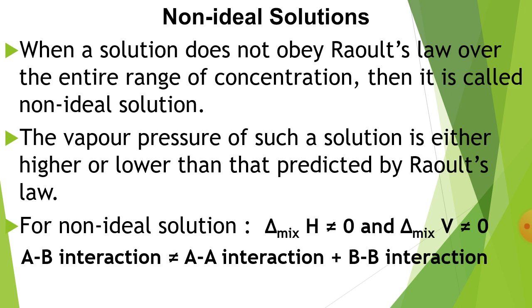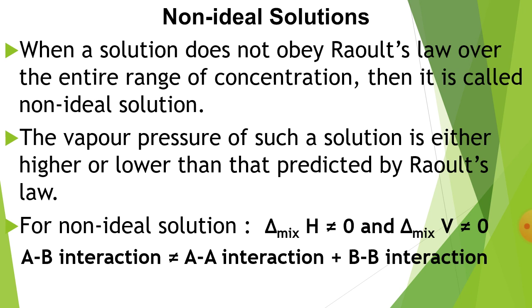Next, for a non-ideal solution, delta mix H is not equal to 0. In an ideal solution, it should be equal to 0. And delta mix V is also not equal to 0. That means the interaction may be more or may be less. That's why the volume may be increased or decreased after mixing.